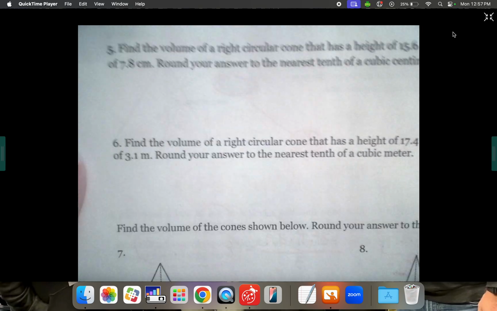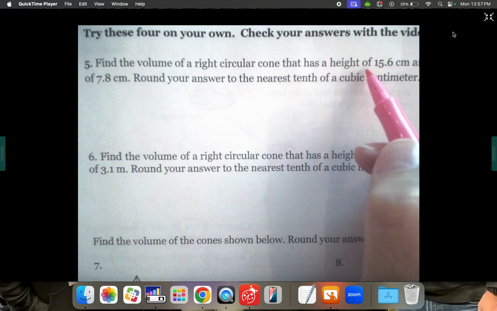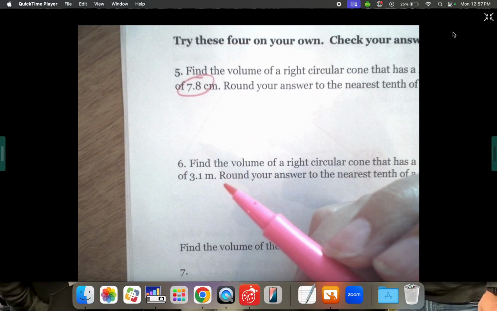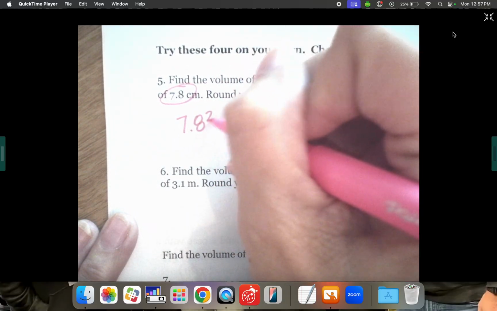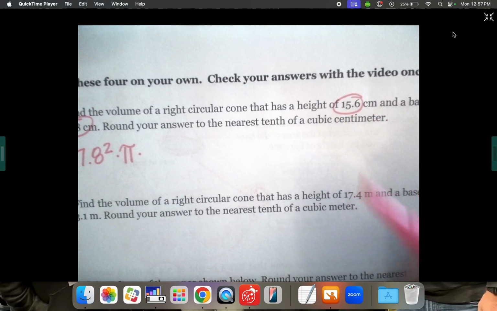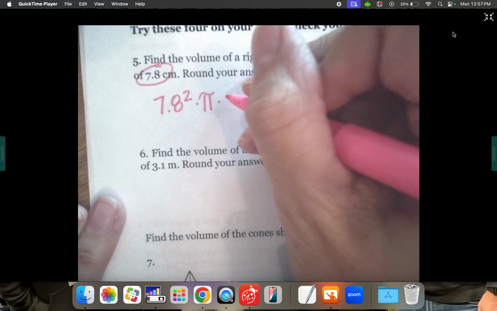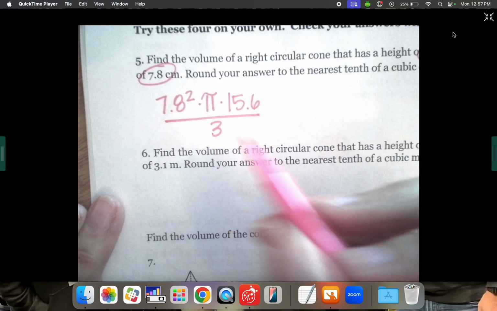Okay, I'm going to work through these really quickly because you should already have them done. This time it tells us that the radius is 7.8, so the radius has already been figured out. So it's 7.8 squared times pi button times the height, which it tells us is 15.6. And then since it's a cone, it's divided by 3.